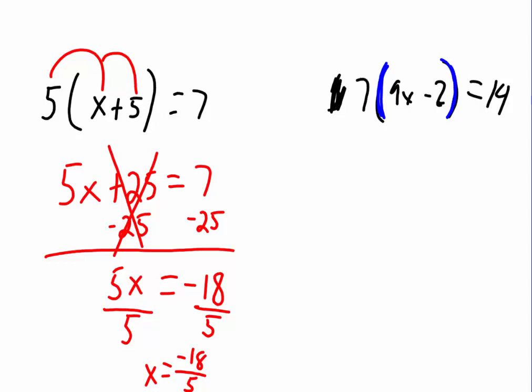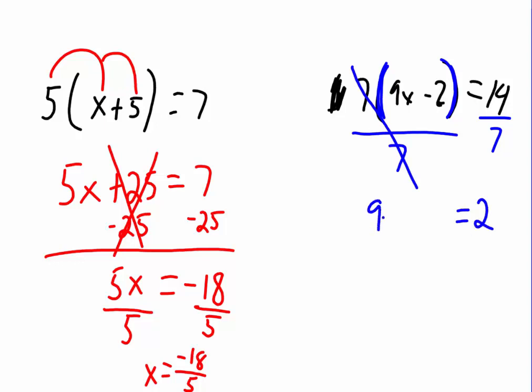And so since it's 7 times something, I could get rid of the 7 times by dividing by 7. So divide by 7 means I have to divide by 7 over here. These cancel to just a 1. And over here, 14 divided by 7 is just 2.